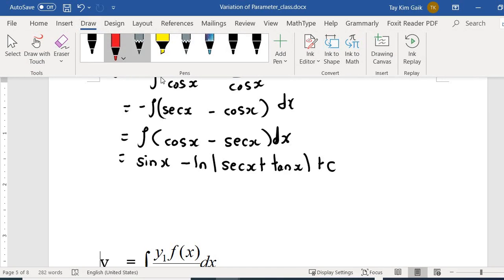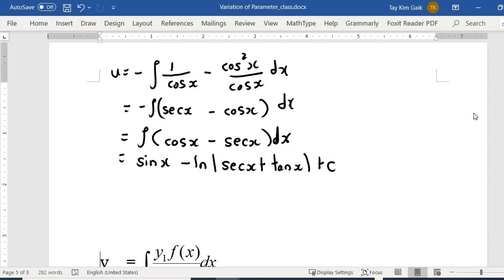You may have learned this in calculus. In case you forgot, I will show back how the integral of secant x gives ln of secant x plus tangent x.